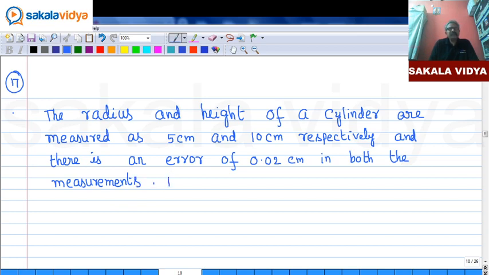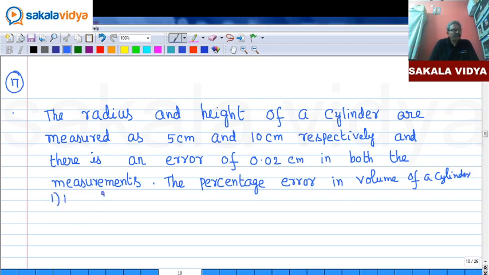The percentage error in volume, that means in volume of a cylinder, is: first option 1, second option 0.01, third option 0.001, fourth option -1.